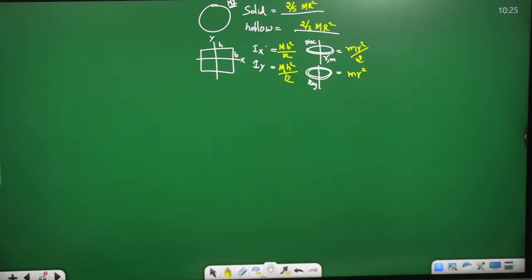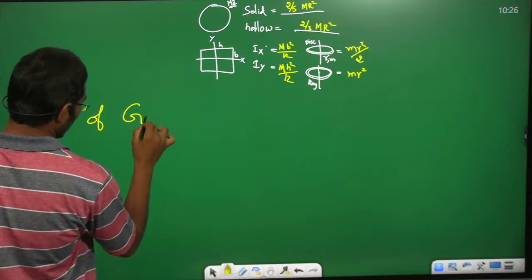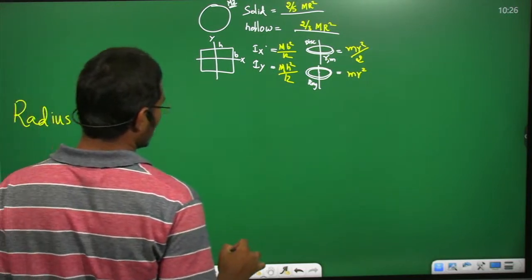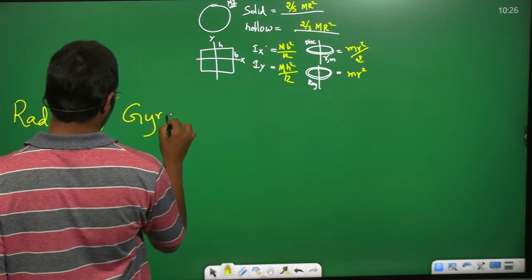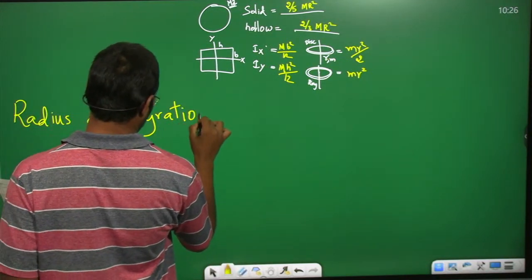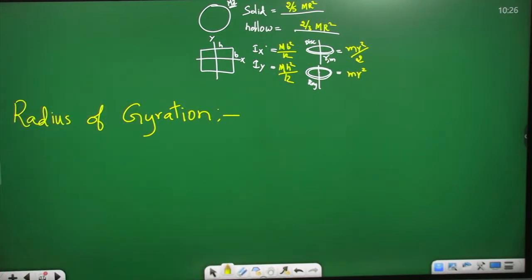Now let us try to look at radius of gyration. So what do you mean by radius of gyration? Yes, it is ring, for ring it is m r square, Mr. Sahit.